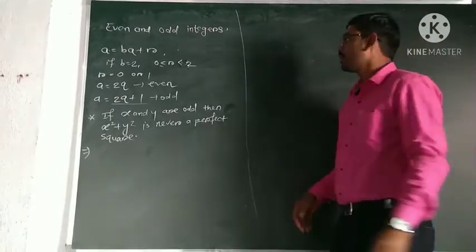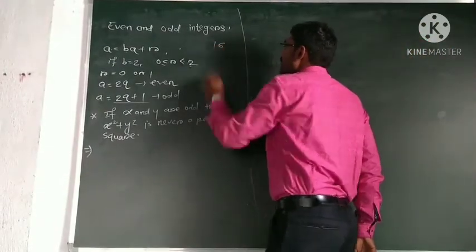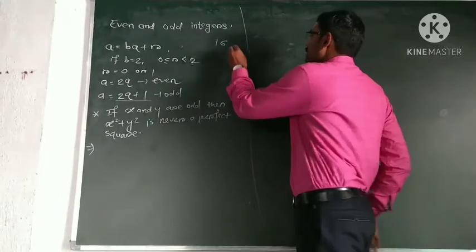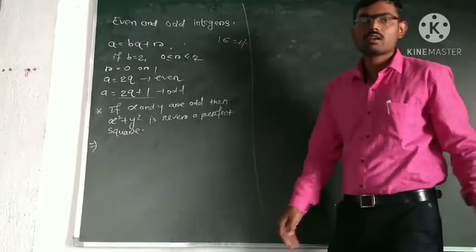Perfect square means a number like 16. It is a perfect square because it is the square of 4. 16 is equal to 4 square. Such a number I call a perfect square.